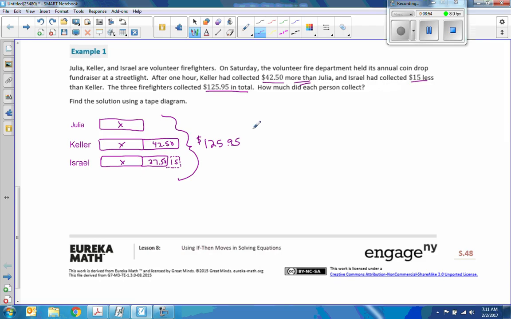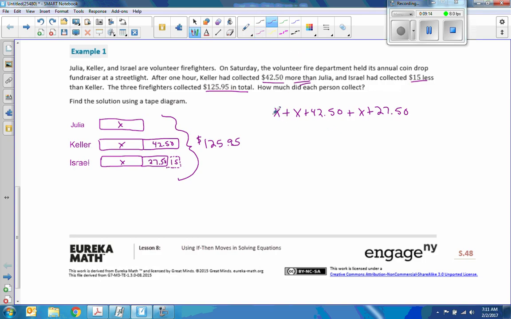So if I set up an equation to solve this, it's going to be Julia's x plus Keller's x plus 42.50 plus Israel's x plus his 27.50, because it was 15 less than 42.50, so that's 27.50.